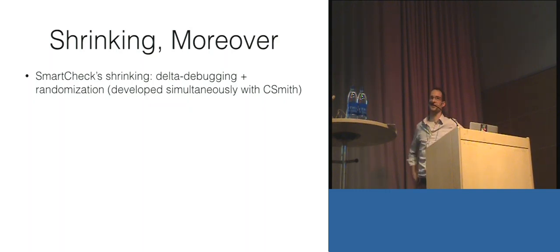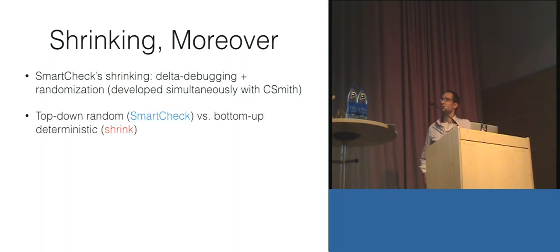Another tool that does this is in the world of finding small C programs that cause bugs in C compilers. There's a shrinker for Csmith, and they do something similar there as well, specialized for C programs.